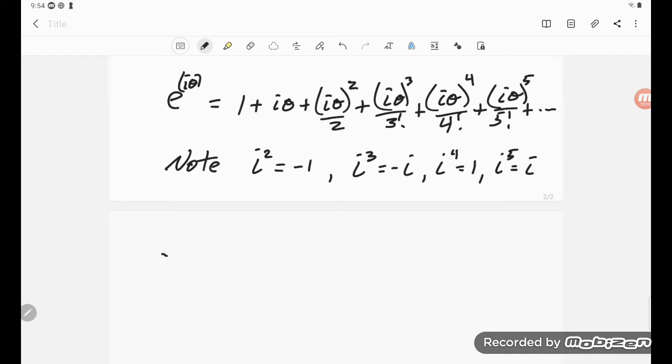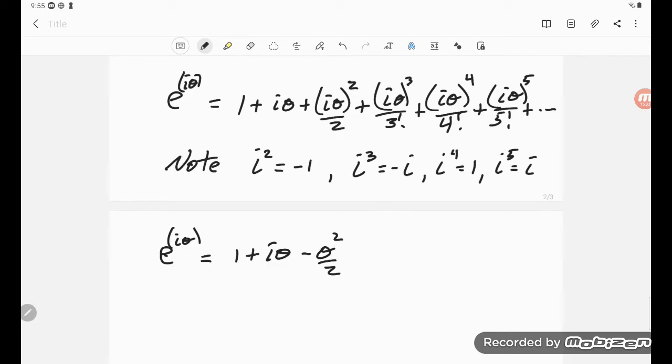So if I use that, then my e to the i theta is equal to 1 plus i theta, and then minus theta squared over 2.